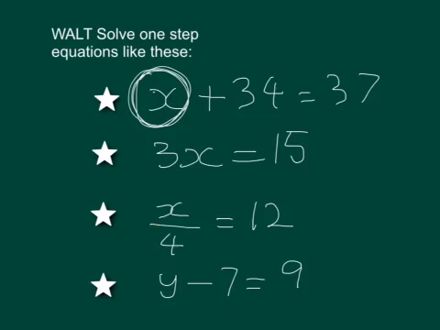So this is a number, x, divided by 4 is 12. And then the last one, a number y, take away 7 is 9. I've used y in the last one because there's nothing special about x, it's just a letter that we very commonly use to represent a number.